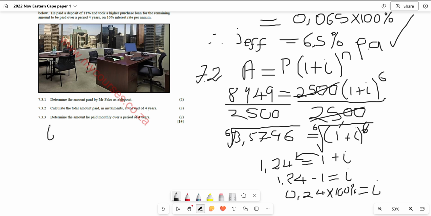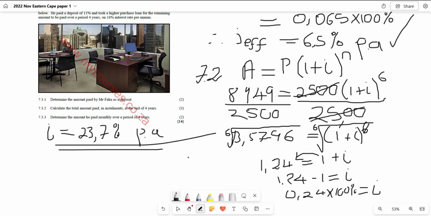Then I will be equivalent to 0,24 multiplied by 100%. That will give us 23.7% per annum.